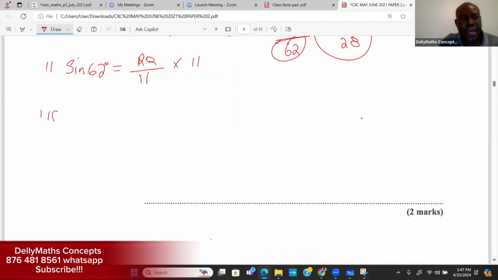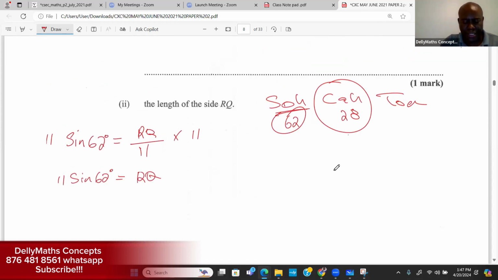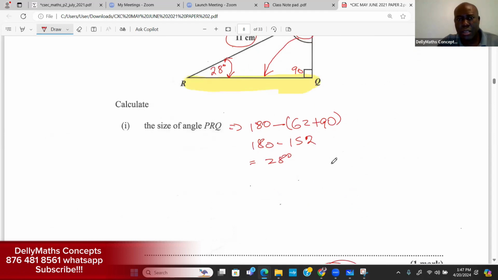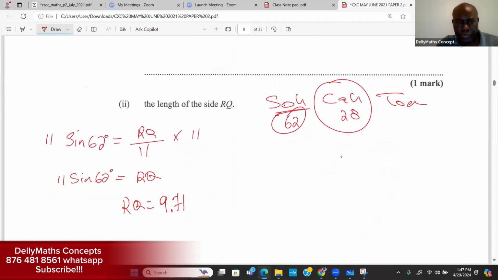So on my calculator, if I just put 11 sine 62, it's going to give me the length of RQ, right? So 11 sine 62 is going to give me about 9.71. So RQ is equal to 9.71 centimeters. There you go.